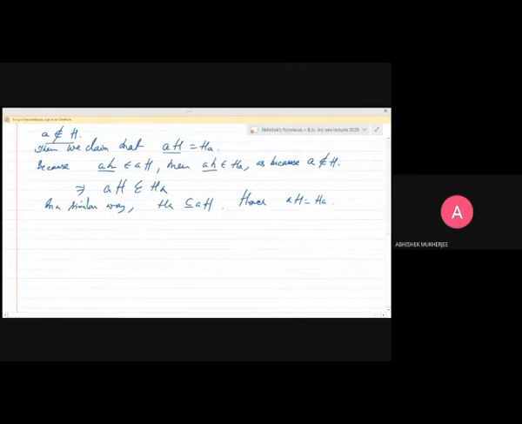So hence H is normal. So thus H becomes a normal subgroup of G. Okay.